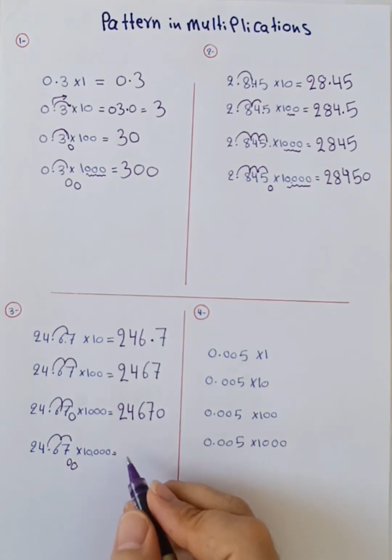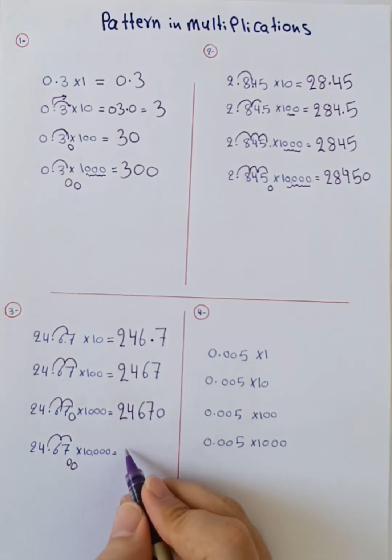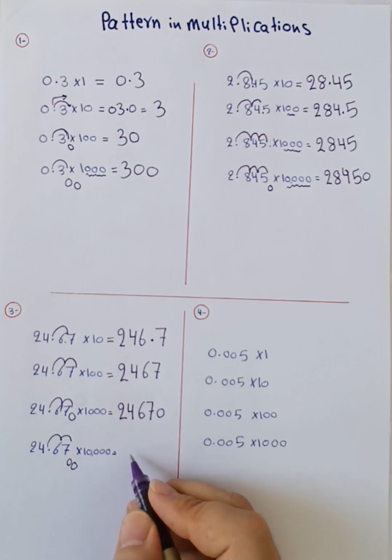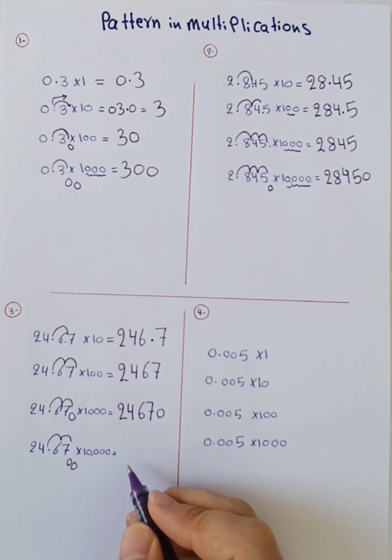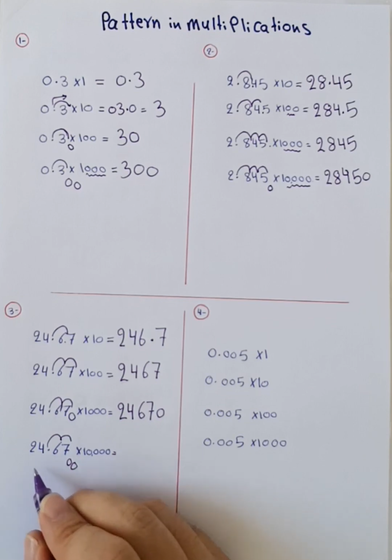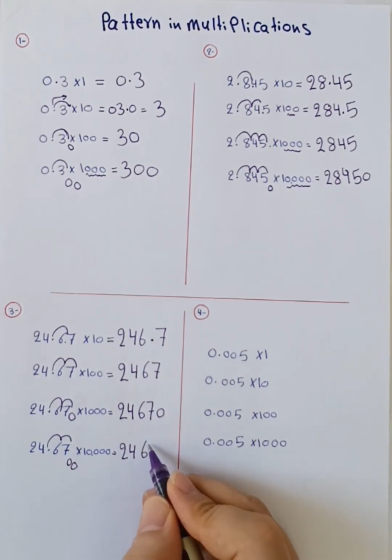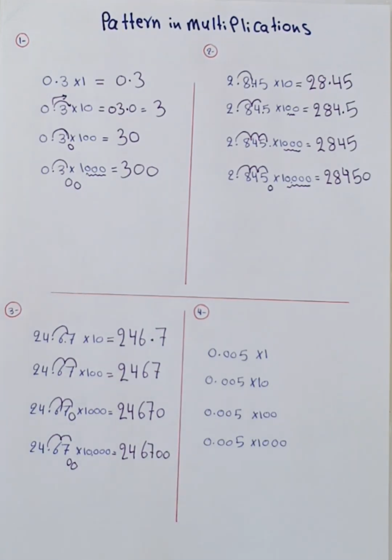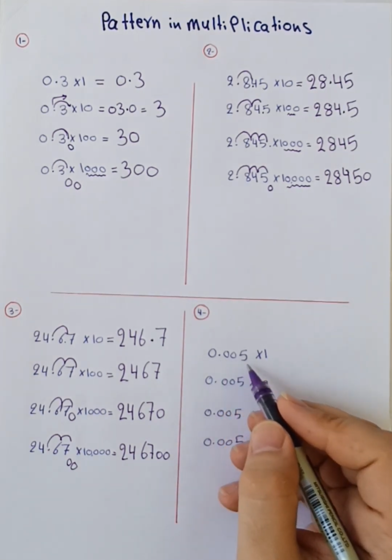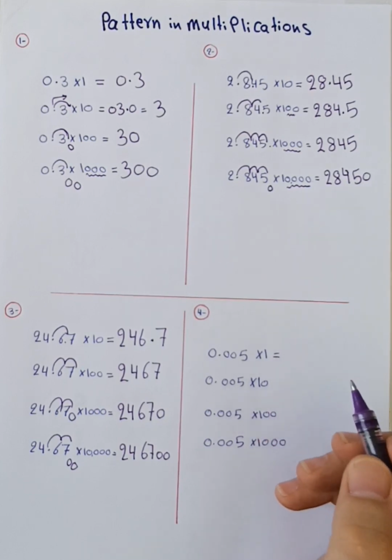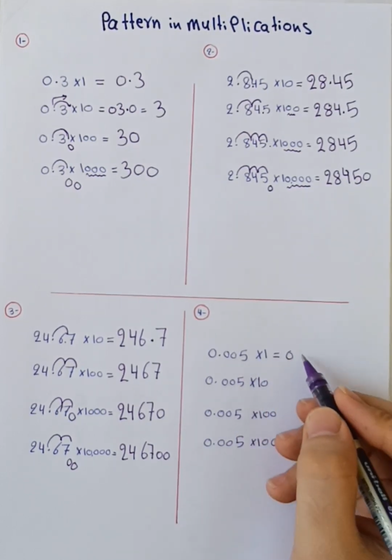We have to add 2 zeros, so the product is 246,700.